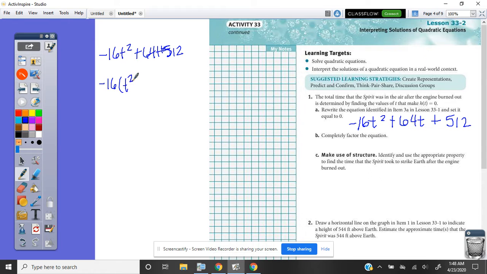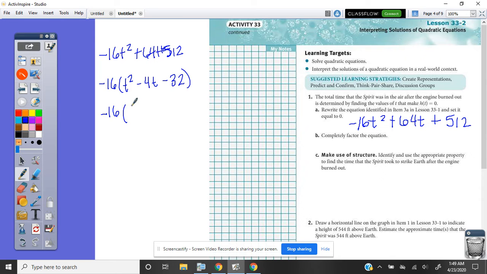So I have t squared minus 4t minus 32, because 16 goes into 512 32 times. All right, so this negative 16 you just kind of bring down. So when you're factoring here, I'm looking for factors of 32 that will subtract to give me 4.